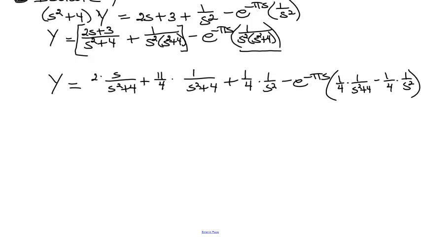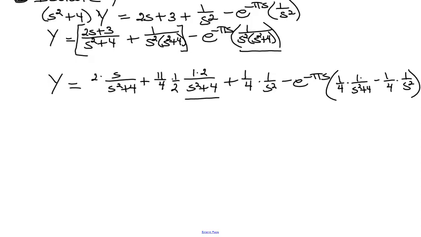So at that point, we've simplified, we've rewritten, but we don't completely have things that match our rules just yet. The key issue is the b over s squared plus b squared, that we're missing the b on this particular fraction. So I need to multiply and divide by 2 to get the b value in the numerator. Same idea right here.